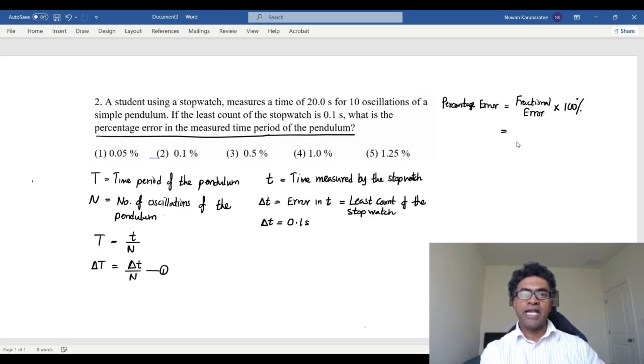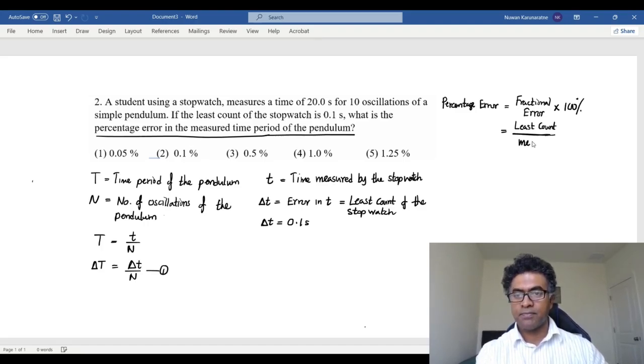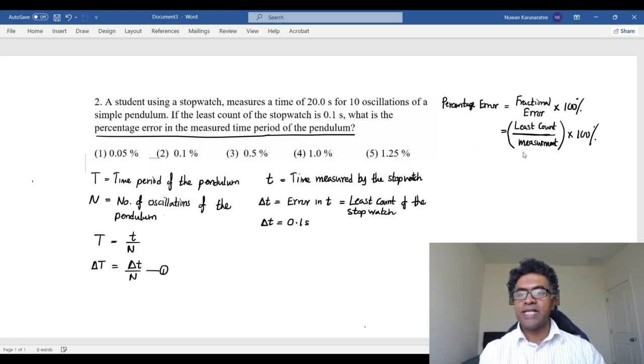What is fractional error? Fractional error is simply the error over the measurement, or in this example, we can say the least count over the measurement. And then we have to multiply that by 100%. Okay, so that's the percentage error.